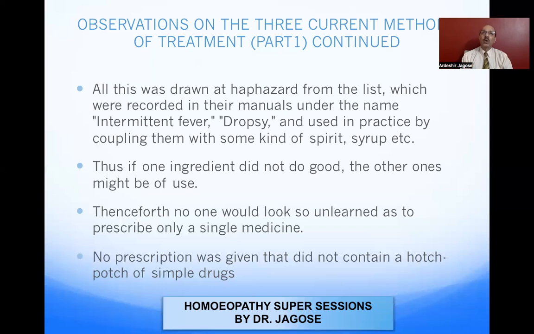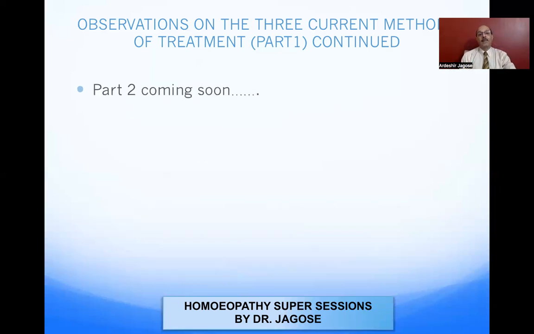So the old school thought that if you only prescribed one medicine, you would look like a fool or an unlearned physician. No prescription was given that did not contain a hodgepodge of simple drugs. Hodgepodge meaning a mixture. So prescriptions were given in complex form whereby many remedies were mixed together and given to the patient.